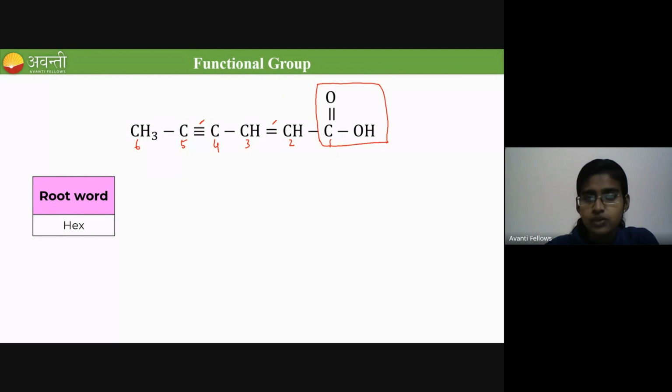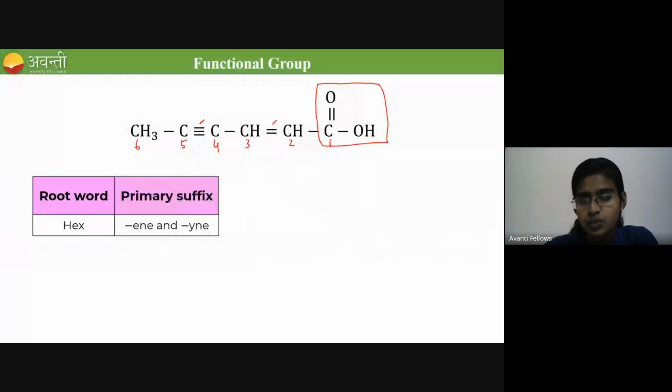Hex is the root word and I have numbered from right to left. Why have I numbered from right to left? Because the COOH has to be given the first priority. Now the double bond and triple bond get the second preference. The double bond suffix is "ene" and the triple bond suffix is "yne".